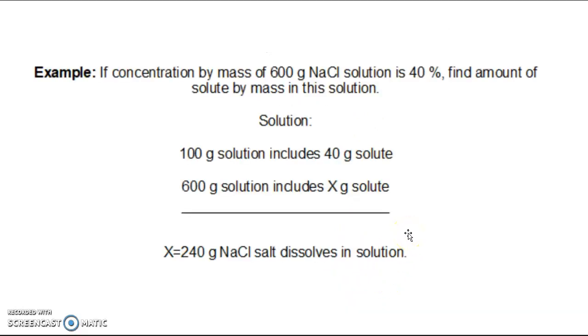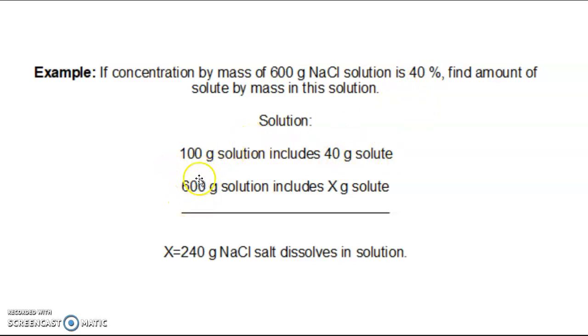We have here another problem. If we have 600 grams of sodium chloride solution and it is 40%, you can find out the amount of solute by mass in this solution. Well, you know that in 100 grams you have 40 grams of solute because it's 40%.